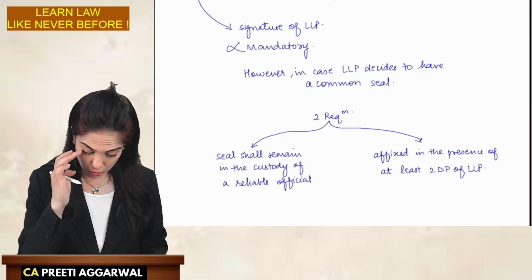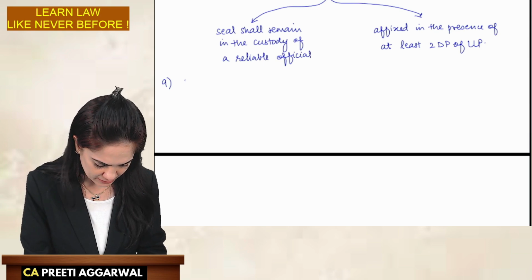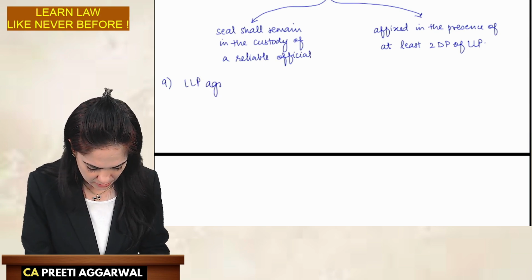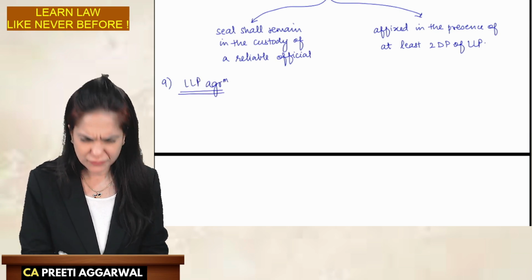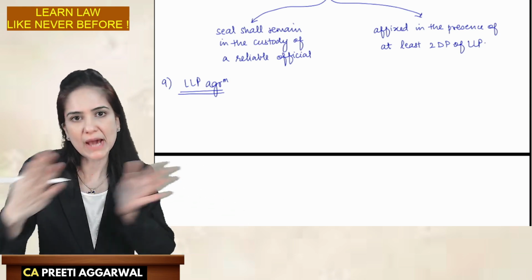Alright, so this was all about LLP. Next, let us discuss the LLP agreement. The LLP agreement basically provides for the mutual rights and duties of partners among themselves, and between the LLP and partners.